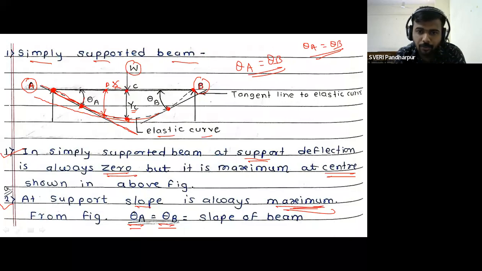Draw the figure and write down these two statements for deflection and the slope in the simply supported beam, where it is 0, where it is maximum.